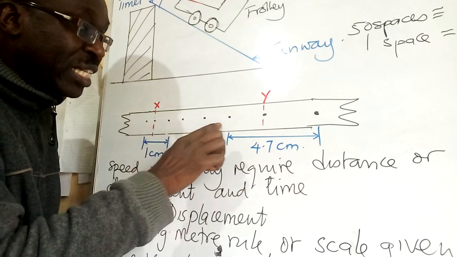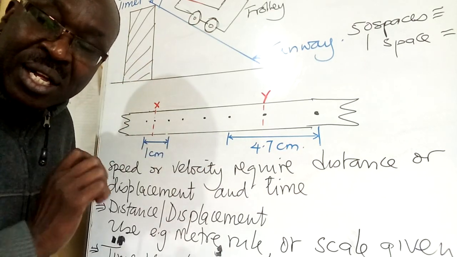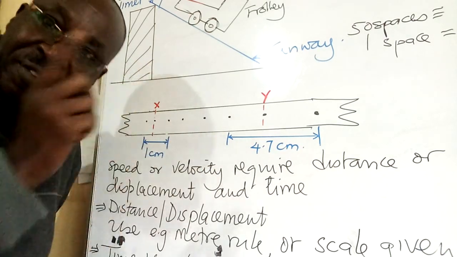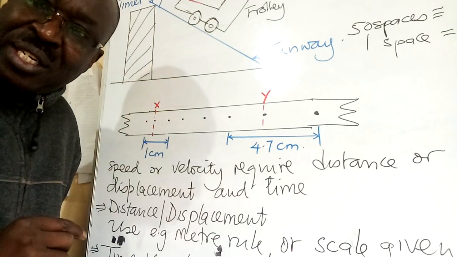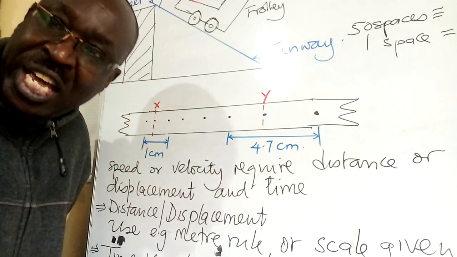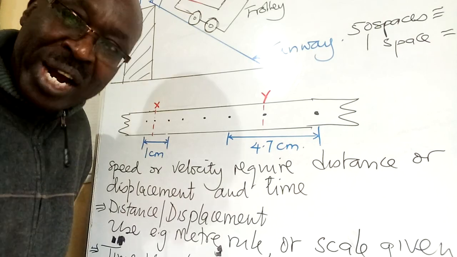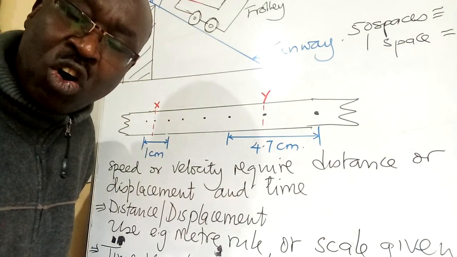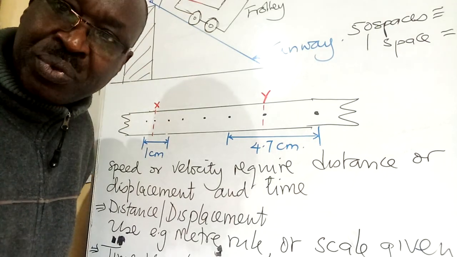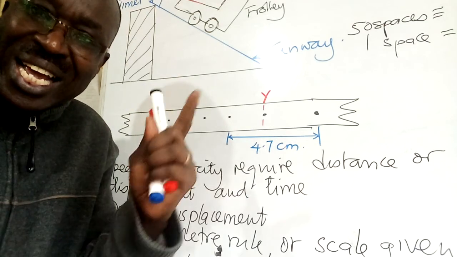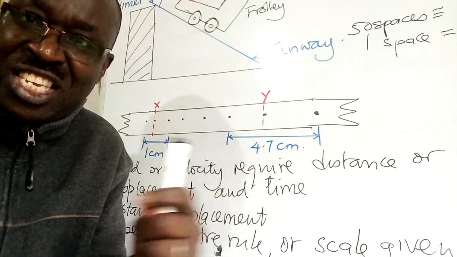So if I have 3 dots, the first one facilitates the beginning of measurement. But in real sense, we talk of 2 spaces. I'm talking of 2, in quotes, distances.